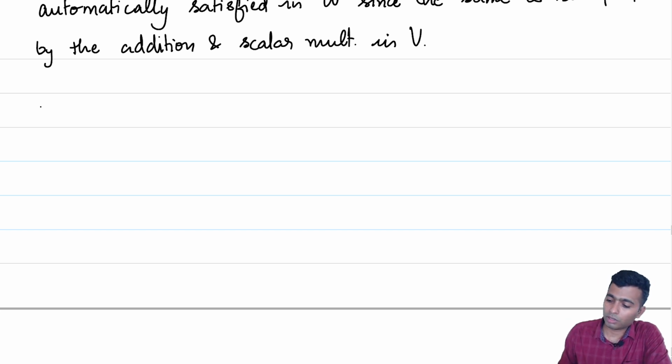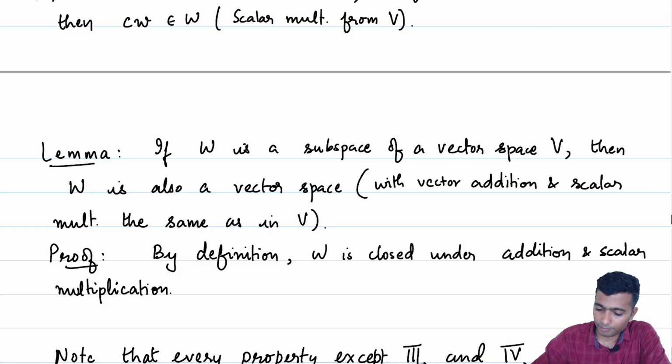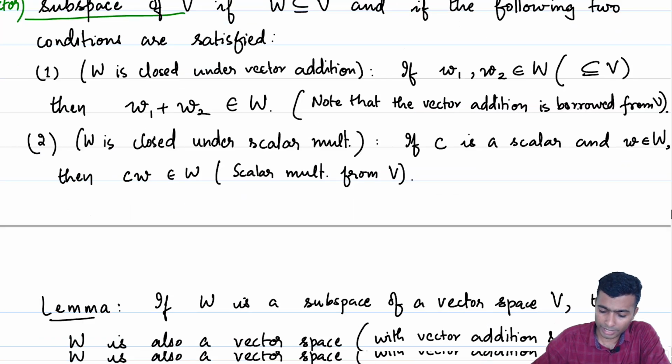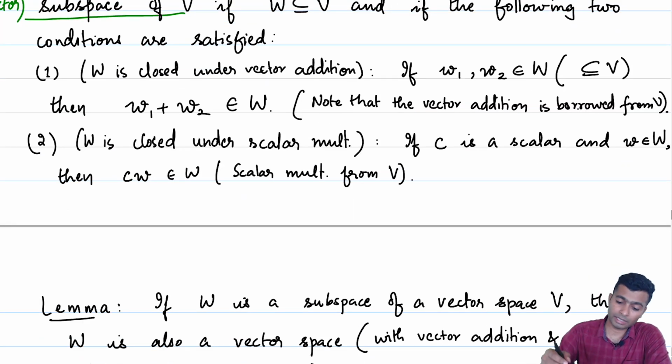Okay, so we do not have much information about W except the fact that W is closed under vector addition, and in this case very crucially W is closed under scalar multiplication.